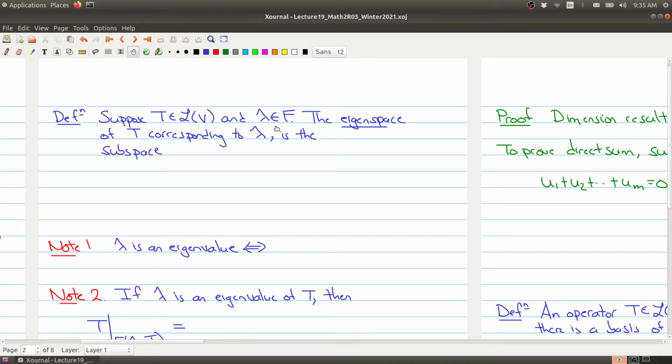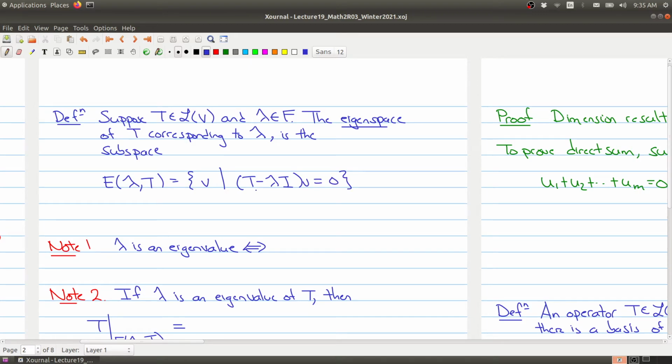The eigenspace of T corresponding to lambda, which I'll denote E(lambda, T), is the set of all vectors v such that (T minus lambda I)v equals 0.